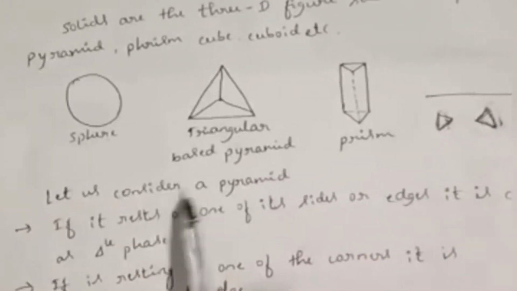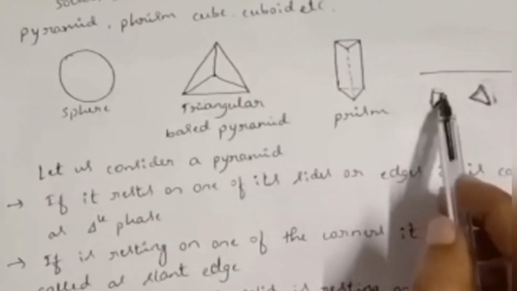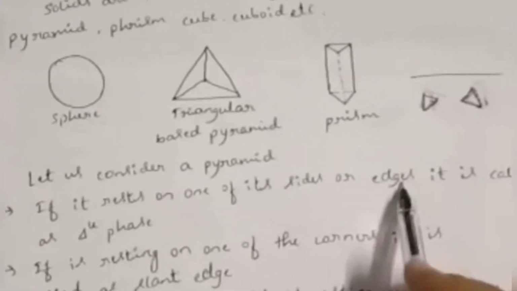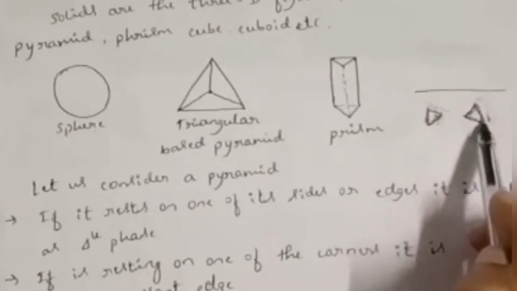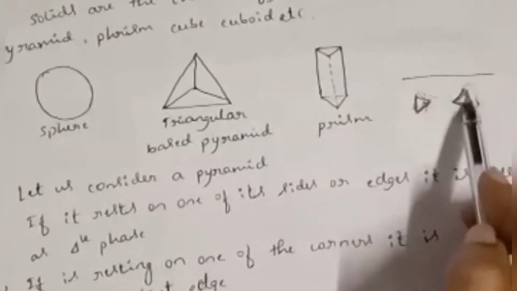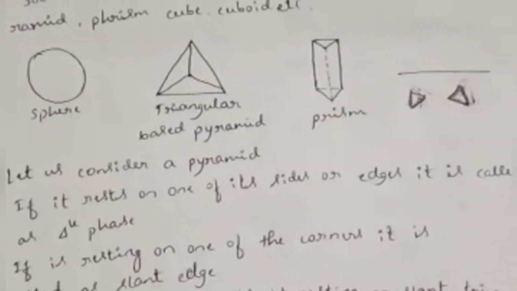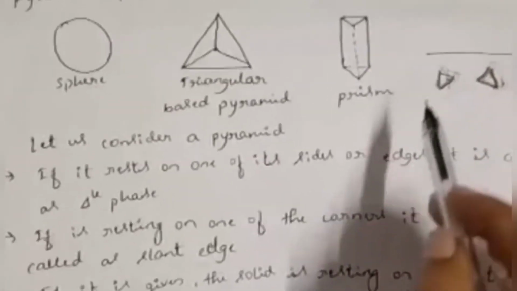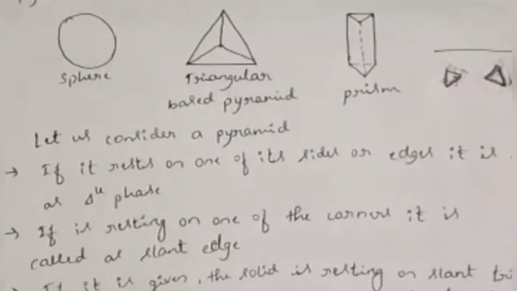Let us consider a pyramid. If it is rest on one of the sides or edge, then it is called as a triangle face. If it is resting on one of its corner, then it is called as a slant edge. If it is given the solid is resting on slant triangle face, then we need to construct the solid resting on one of the side or edge.